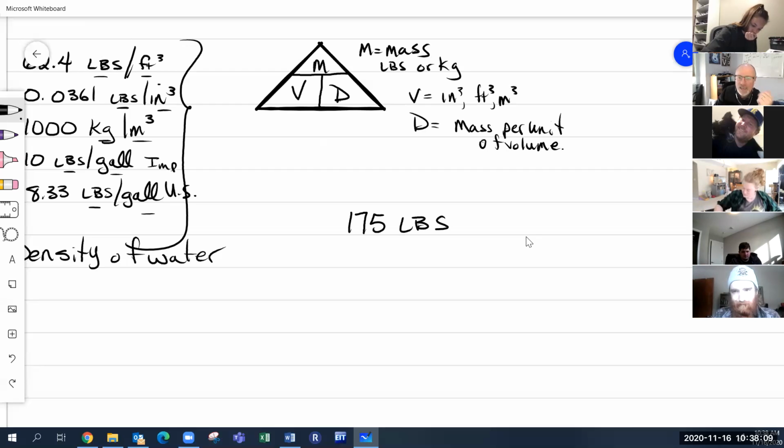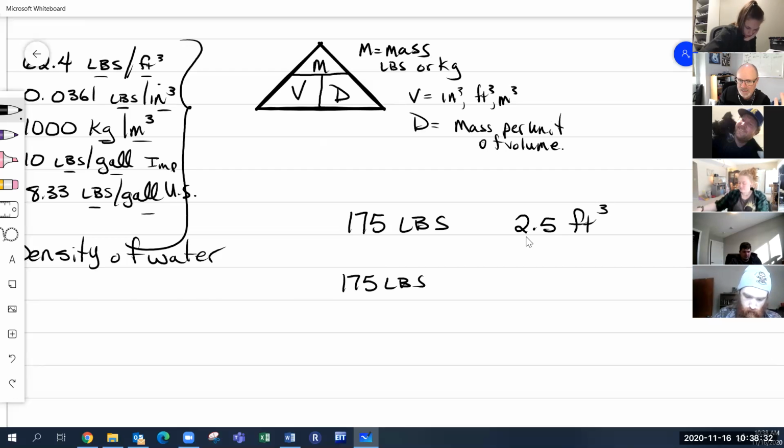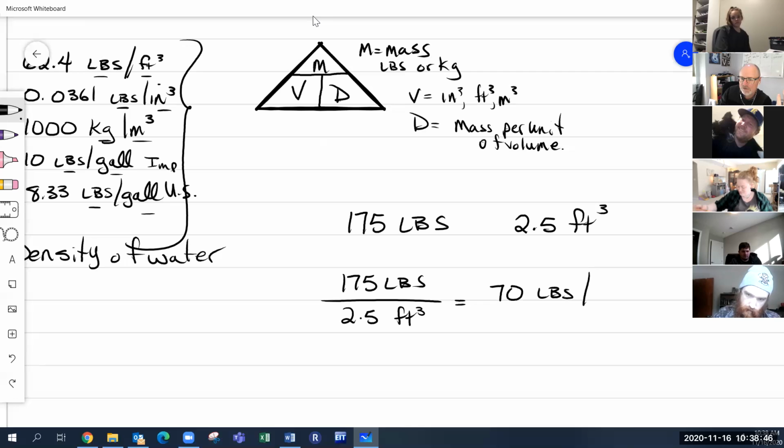And my volume is 2.5 cubic feet. That's my height, my width, my length. I can calculate my volume. Now we can calculate how dense Doug is by taking the mass, 175 pounds, and dividing it by 2.5 cubic feet. We come out with Doug's density at about 70 pounds per cubic foot.